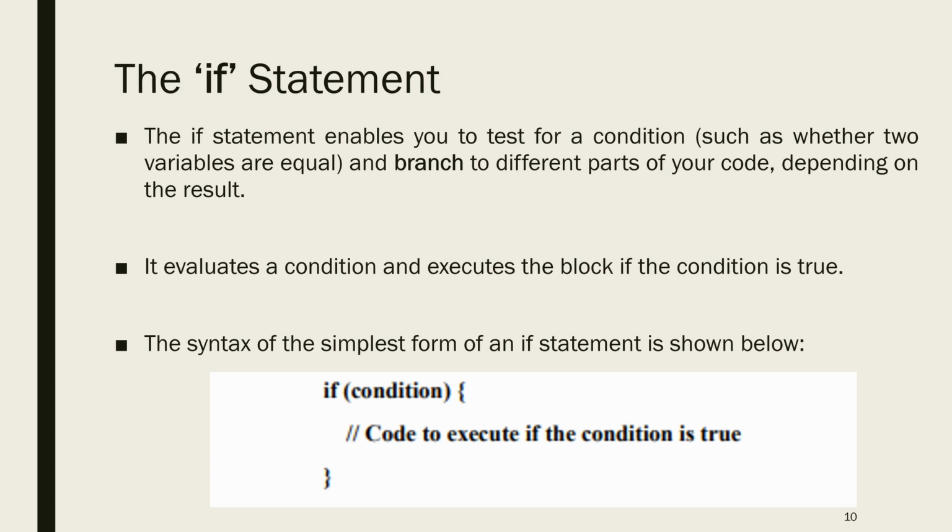If that condition is true, then the block of code in the curly braces is going to be executed. If the condition evaluates to false, or is not true, then that block of code in curly braces is going to be ignored, right?